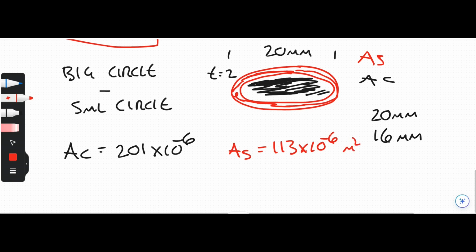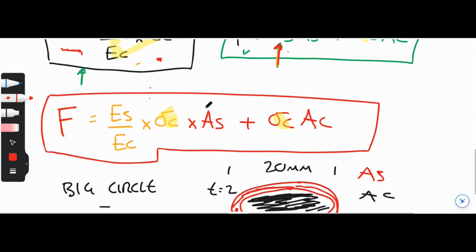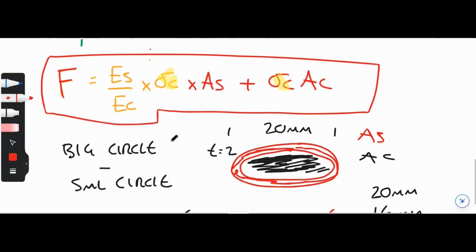Yours would be different. You'd have to work out your own. They're just two circles, take away one from the other. So now I know the area of my concrete and the area of my steel. I can now put it into this formula because I know everything. I know the force, I know Young's modulus, I know the areas.